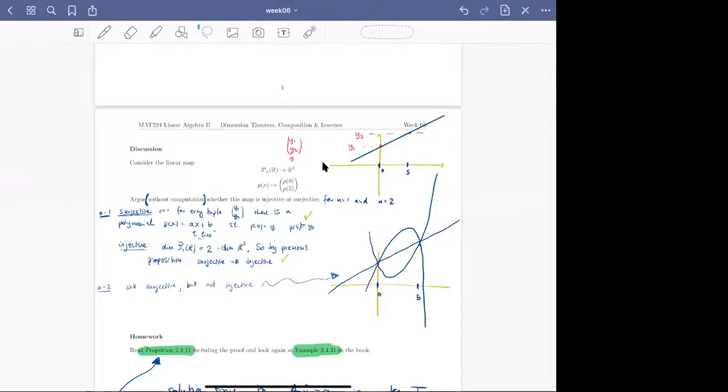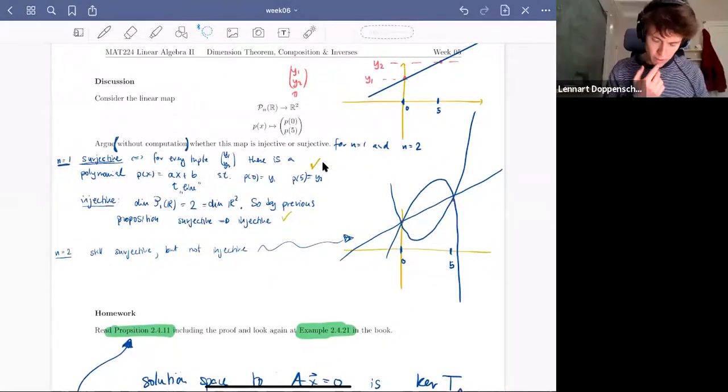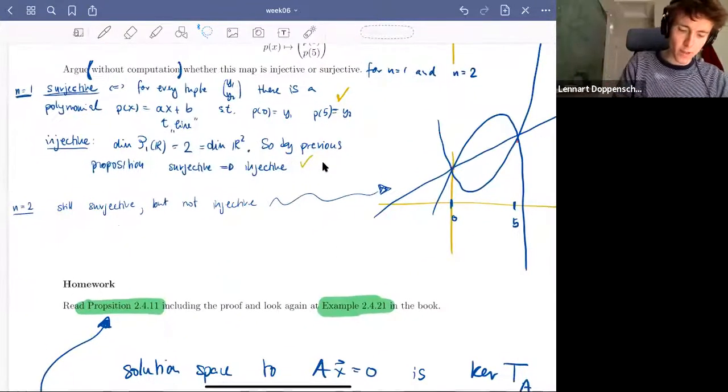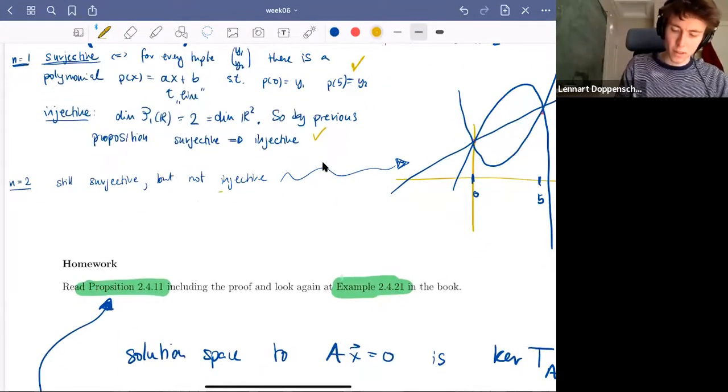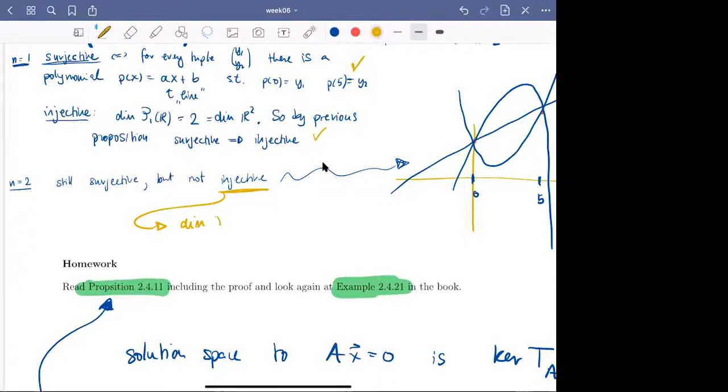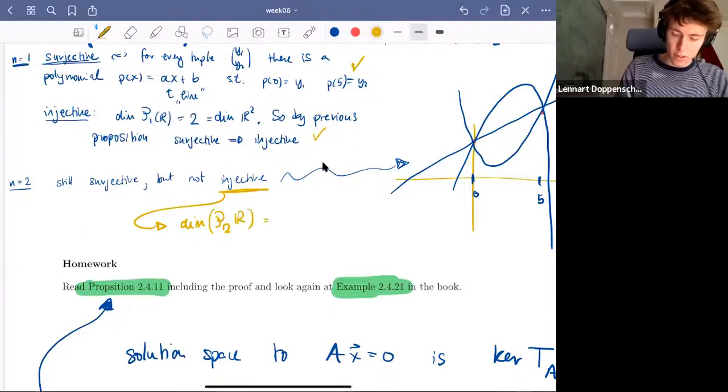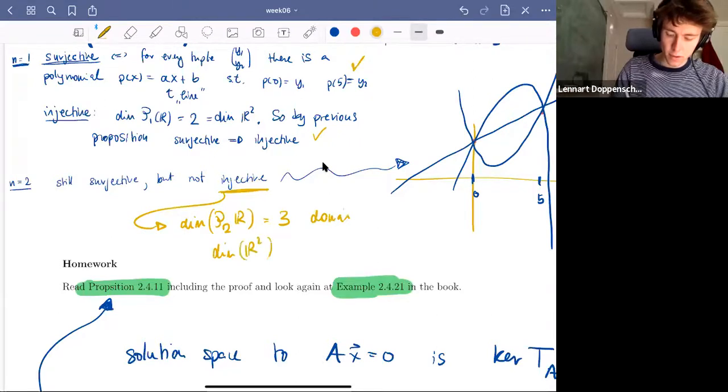Oh, so right. If n is equal to 2, that's a good question, because I think I didn't focus on that while we were discussing this. The reason that it is not injective is because the dimension of P2 is equal to 3. This is the domain. And the dimension of R2 is 2.